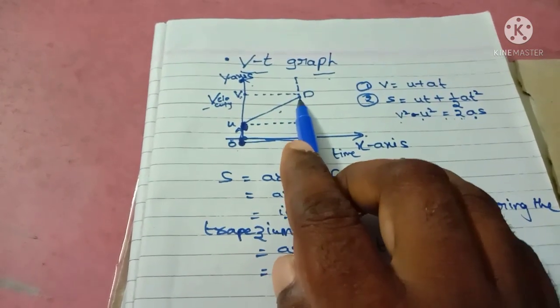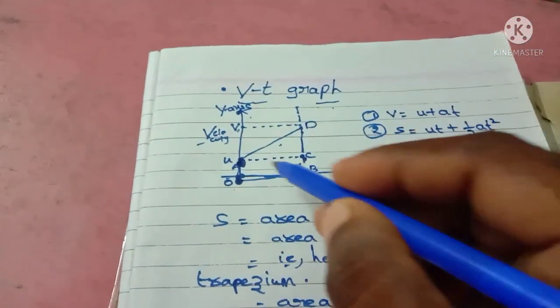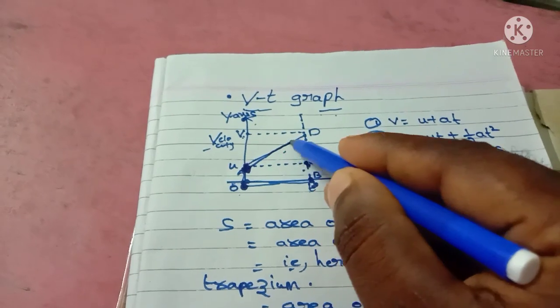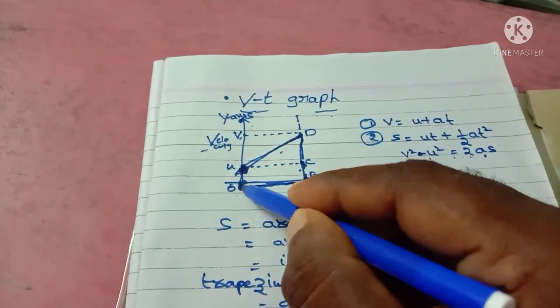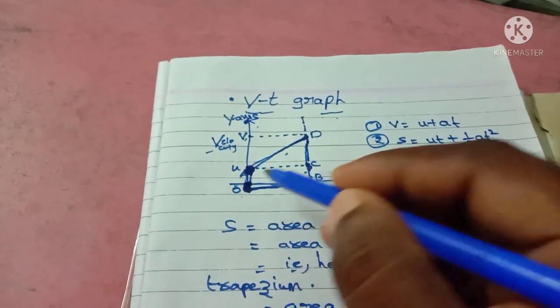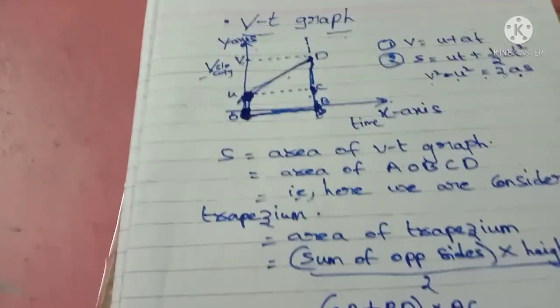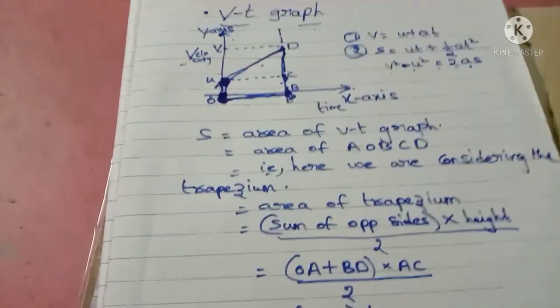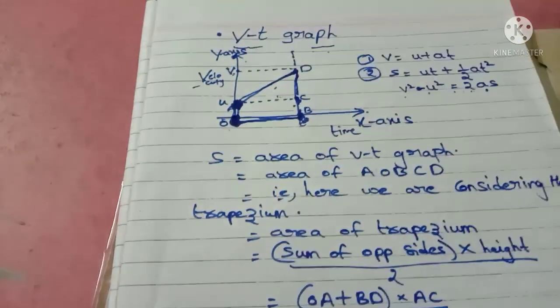See, I am drawing here once again. Okay, this is our trapezium. Now with a thicker line, this is a trapezium. So here we are considering this graph as a trapezium.